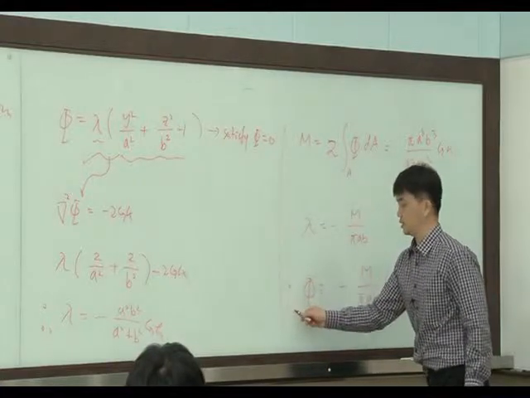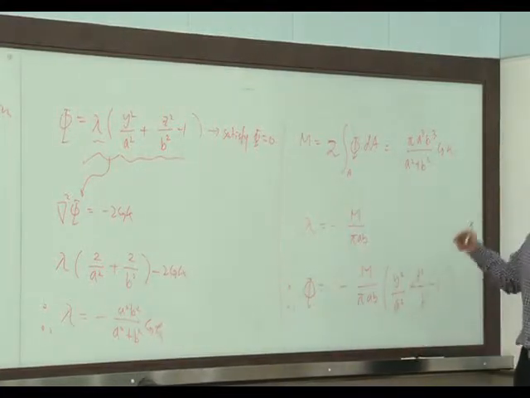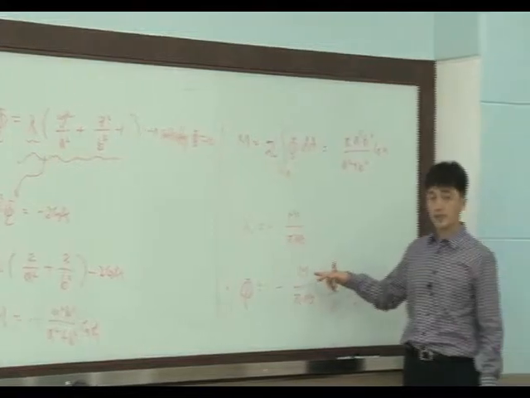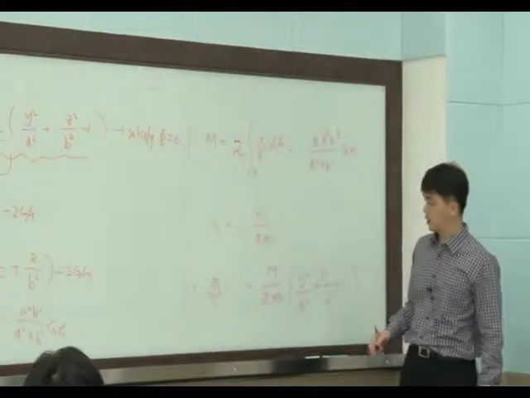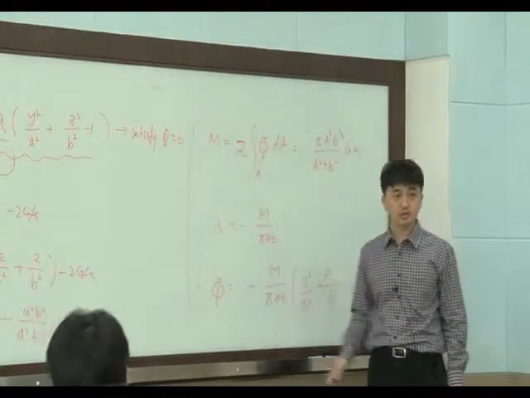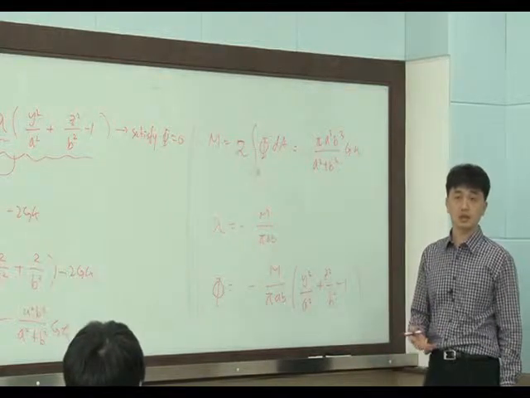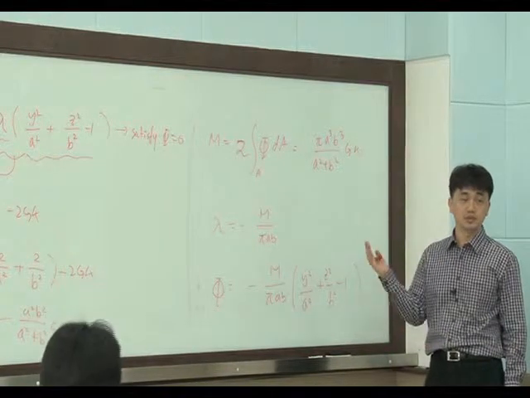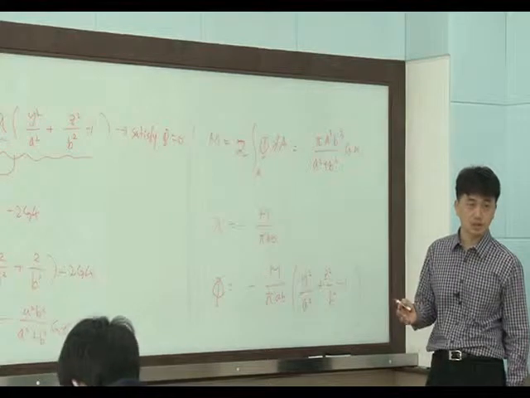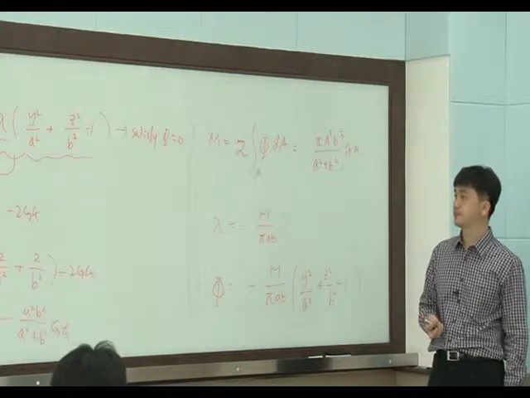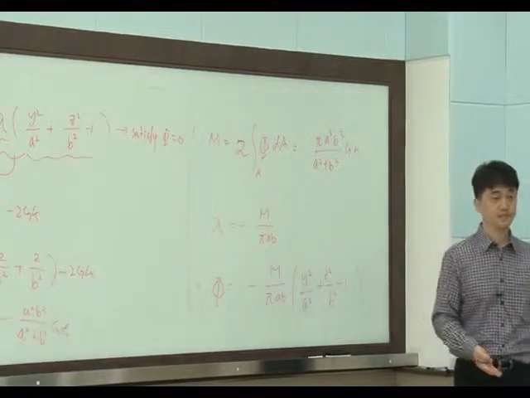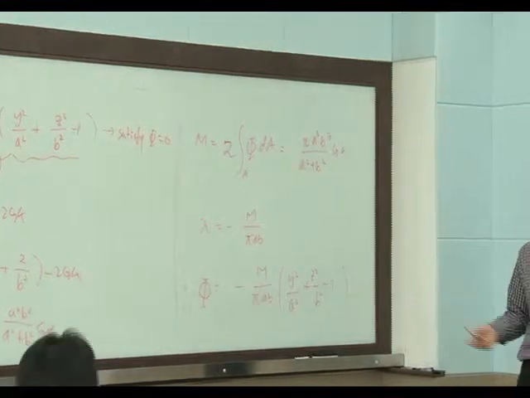This is the final result. So when a specific moment M is applied, we can find the stress function, and then we can calculate the stress distribution on the cross section, and also strain. We can calculate everything.